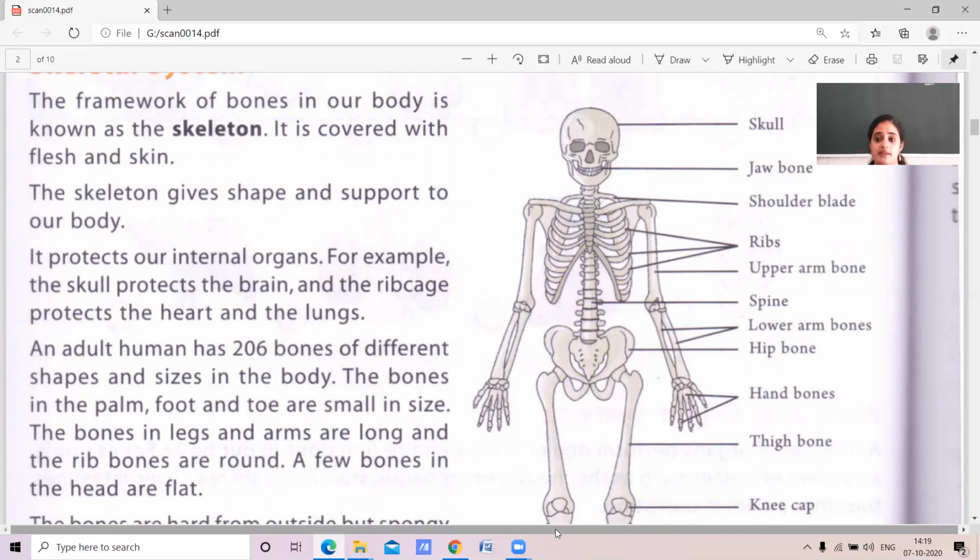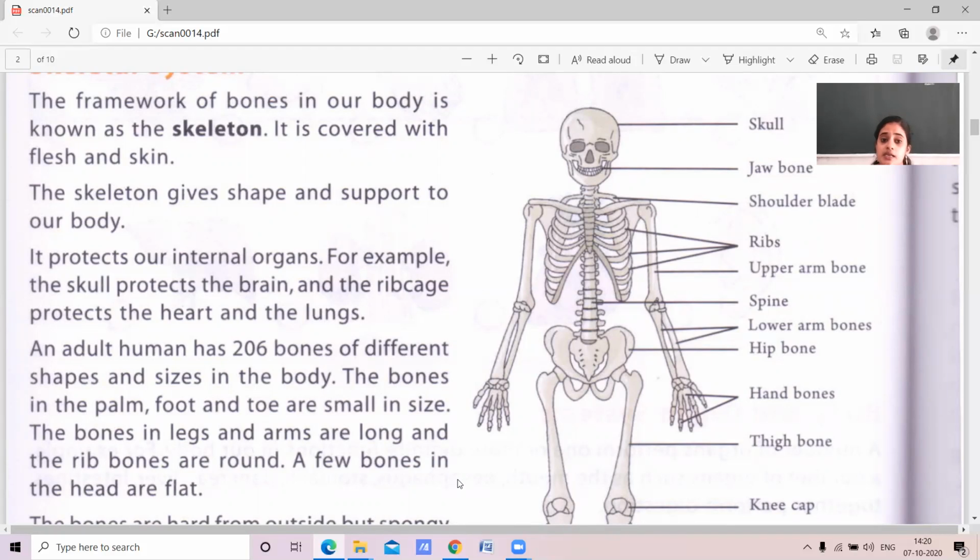For example, the brain, heart, kidney, lungs, pancreas, liver, and so many organs are protected because of the presence of the skeleton.